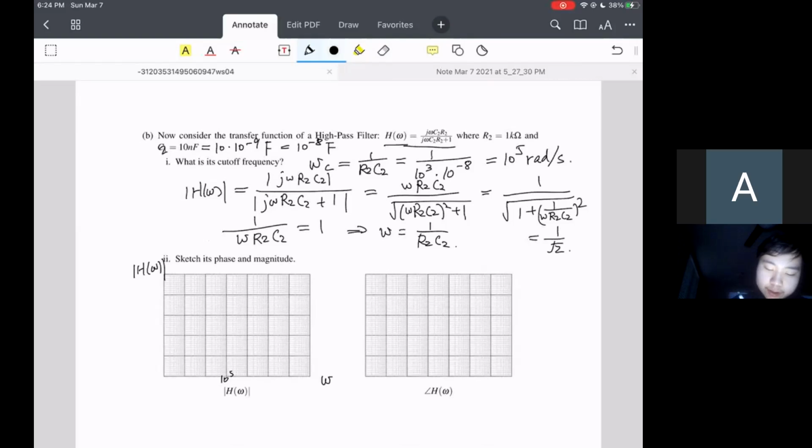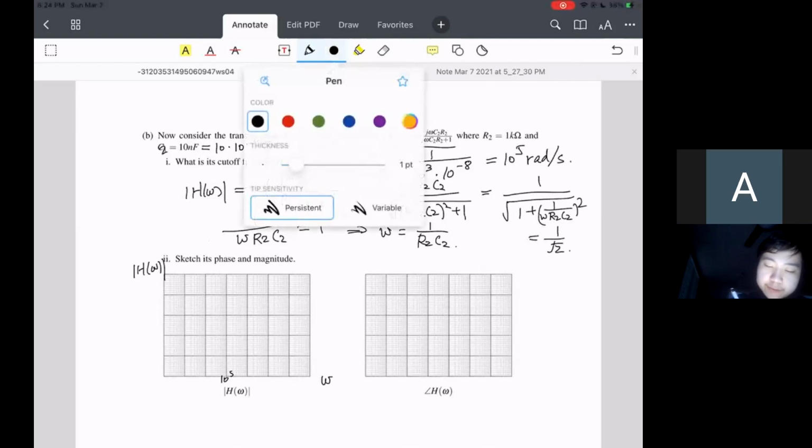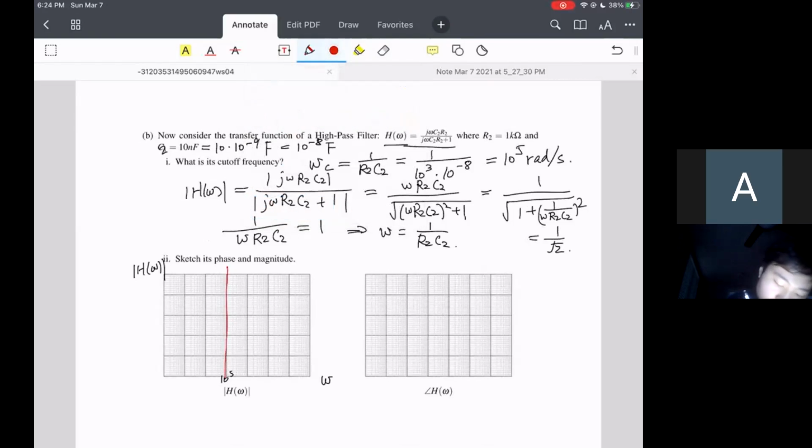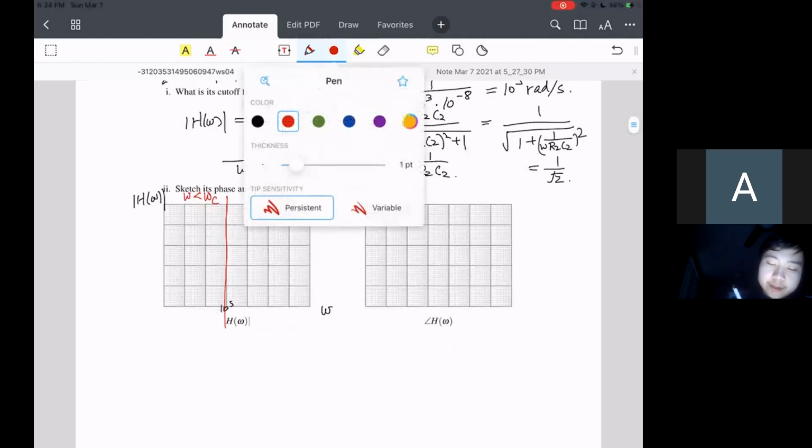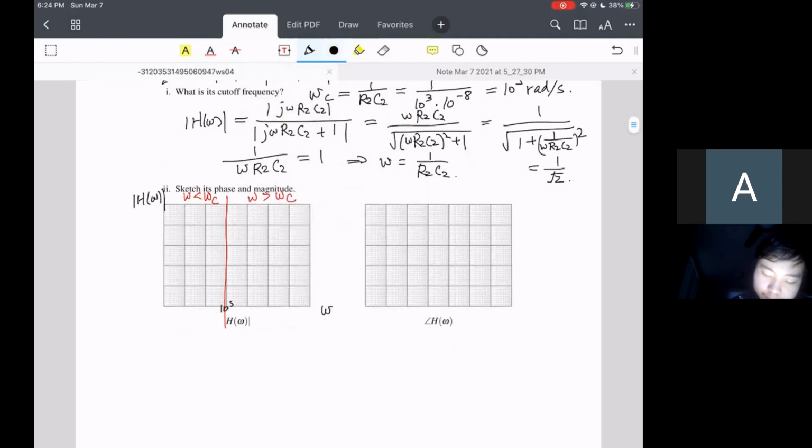Again, we put this cutoff frequency in the very middle of the graph and do casework based on omega, based on its relationship with omega c. So if omega is less than omega c, we put it on the left-hand side, whereas if omega is larger than omega c, we would put it on the right-hand side. Okay. And then we fill in the corresponding frequencies because we're on a log scale, so that's going to look something like this.